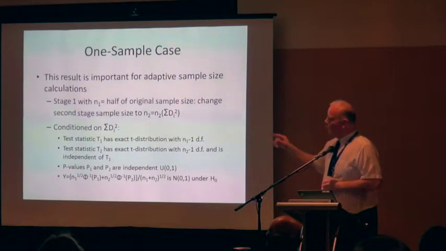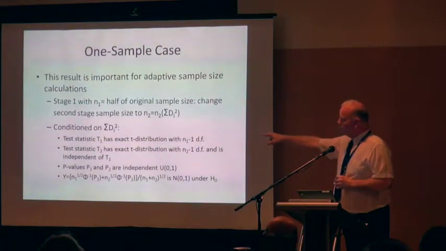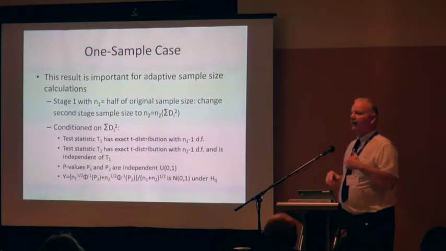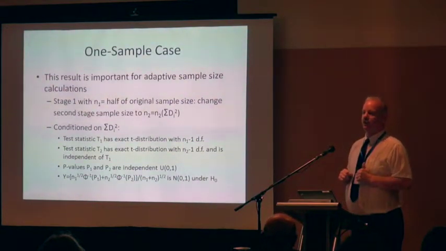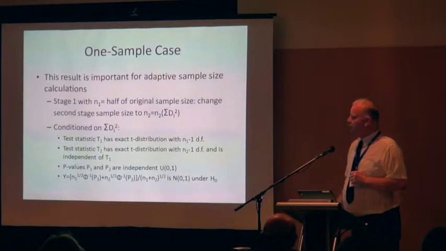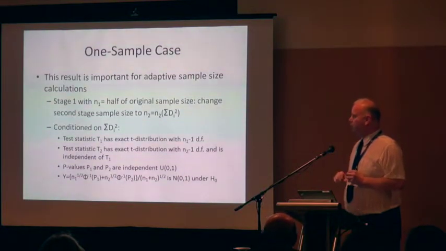Well, once we condition on the sum of the di squareds from that first stage, then I've just argued that the T statistic from the first stage is independent of the sum of the di squareds. So its conditional distribution given the sum of the di squareds is exactly a T statistic with n1 minus 1 degrees of freedom.